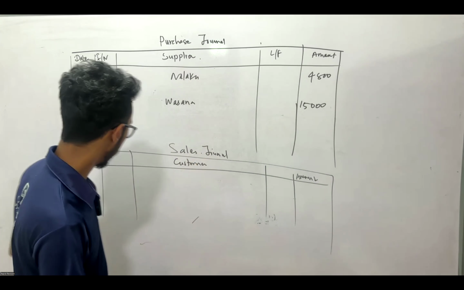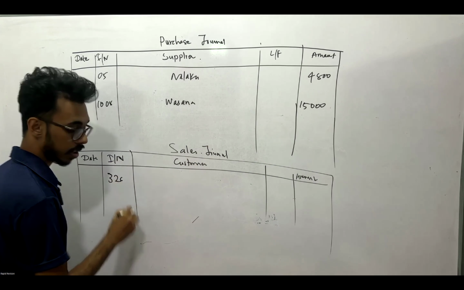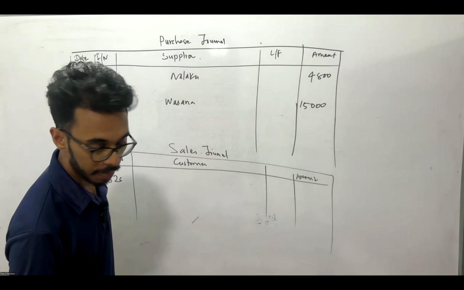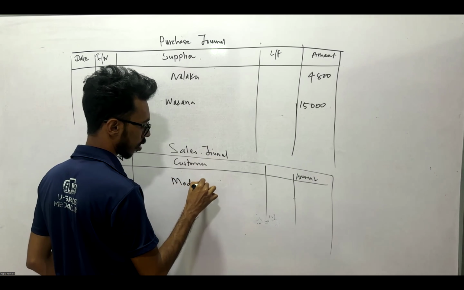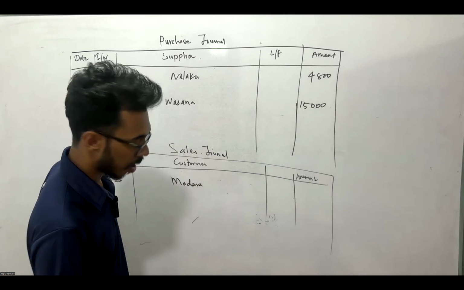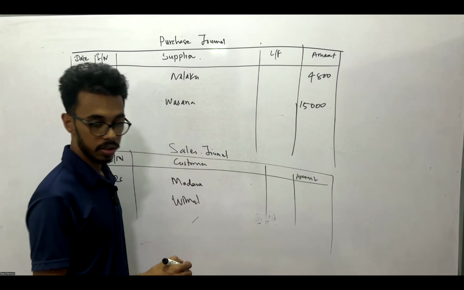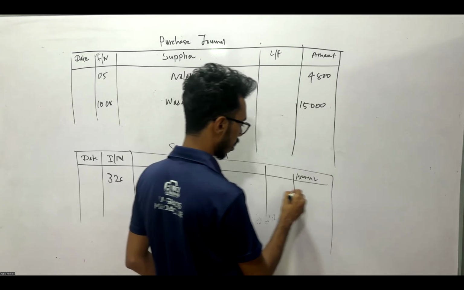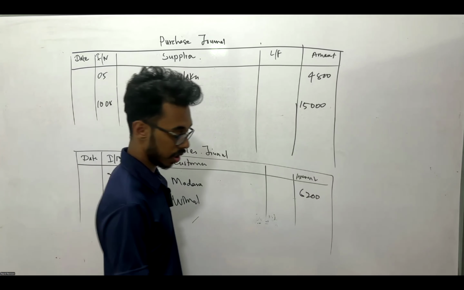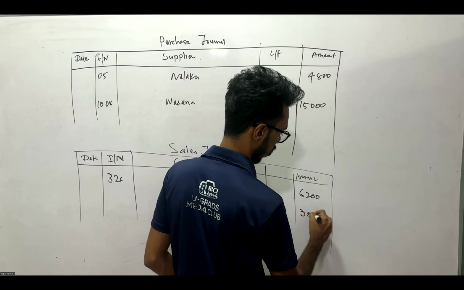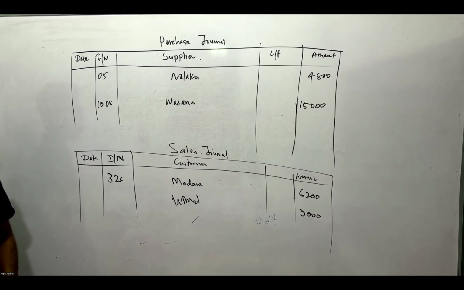Invoice number is 326. The names are Madara and Vimal. Madara's value is 6,200 and Vimal's value is 3,000. This is what they have given in the sum.